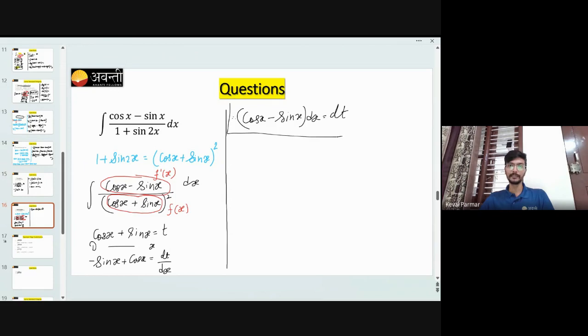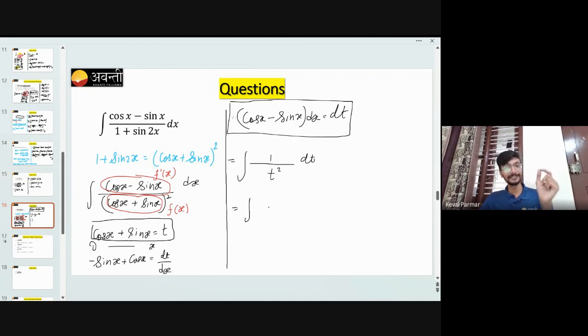With this substitution, my question will become integration of dt, and here I'll get 1 upon cos x plus sin x. What is cos x plus sin x? It is t, so this will be t square. To integrate 1 upon t square, we use t raised to minus 2. What is integration of x raised to n? This will be t raised to minus 2 plus 1 upon minus 2 plus 1, plus c.